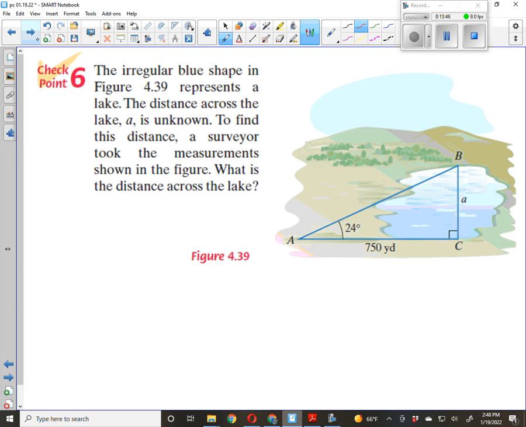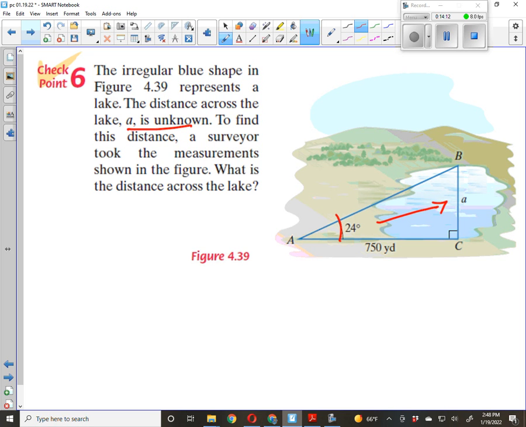A regular blue shape in figure 4.39 represents the lake. The distance across the lake A is unknown. To find this distance, the surveyor took the measurements shown in the figure. What is the distance across the lake? So we have a trig problem here, where we're told that this angle is 24.